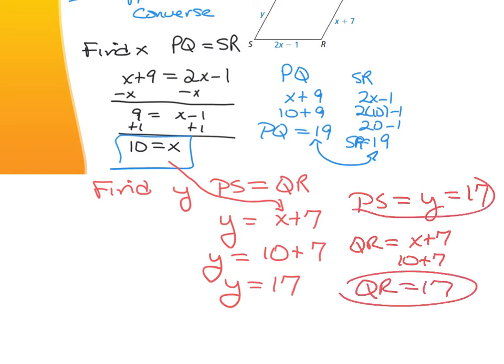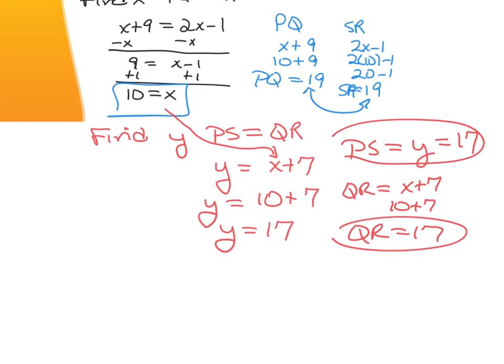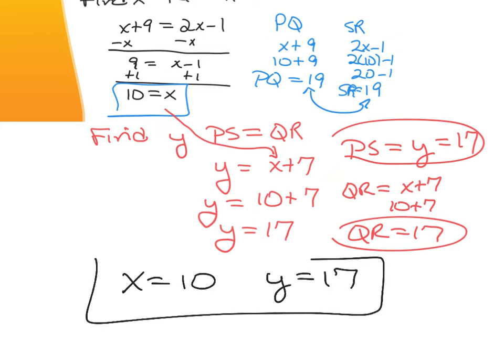Again, these two numbers should be the same. But final answer here, remember they were only asking for x and for y, so that's all you would put in as your answer. But again, I just wanted to show you that you could take it a step further to actually find the side lengths.